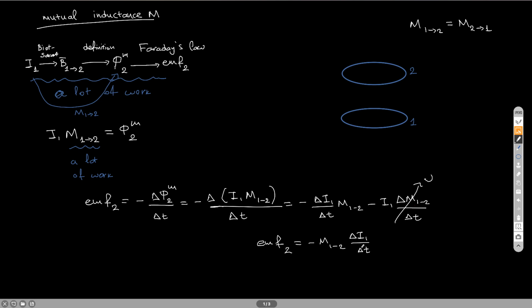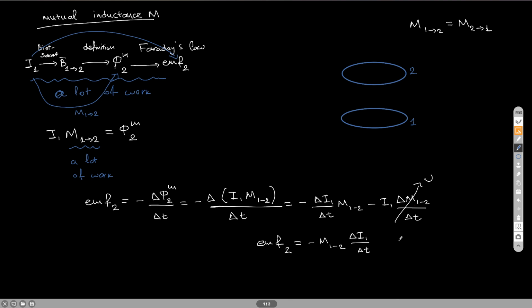So this way, you have a direct relationship between I1 and the induced EMF. The concept of the mutual inductance allows you to bypass all of this work and connect the induced EMF in loop 2 with a change in the current in loop 1.